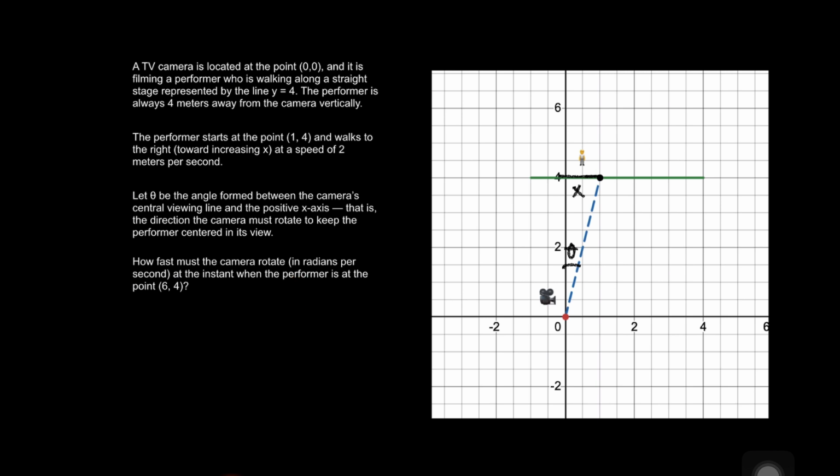Okay, so there are a lot of words on the screen, so let's try to simplify this into something that we can solve. So in this problem, there should be a rate that we are given, and that rate is the speed the person is walking. So if we say that this distance I have labeled in my picture is x, if this person is walking to the right, x is getting bigger at a rate of 2 meters per second.